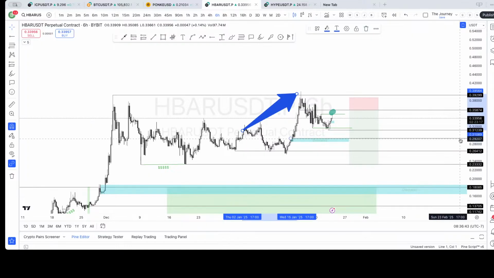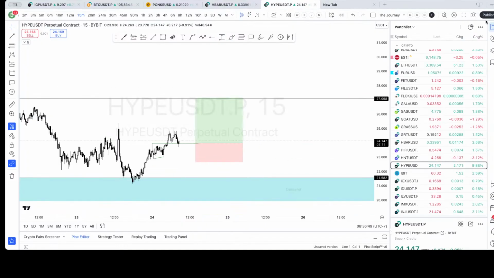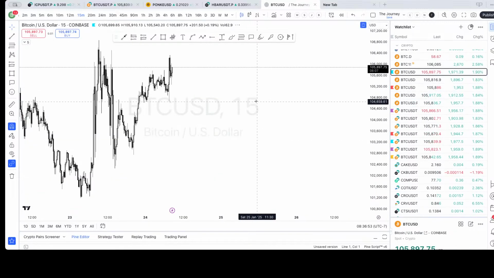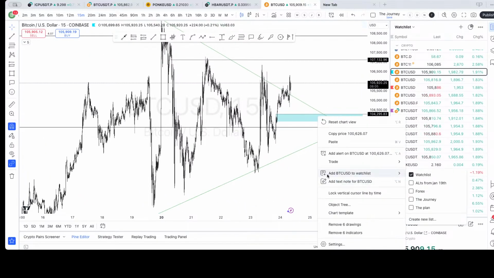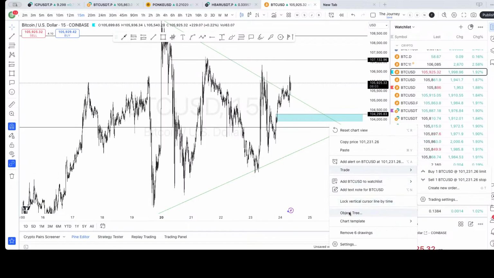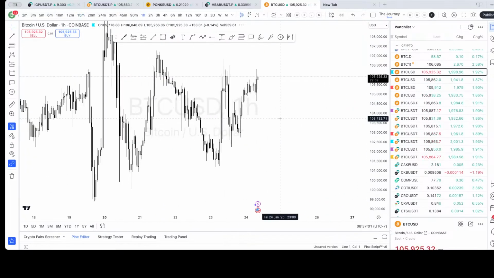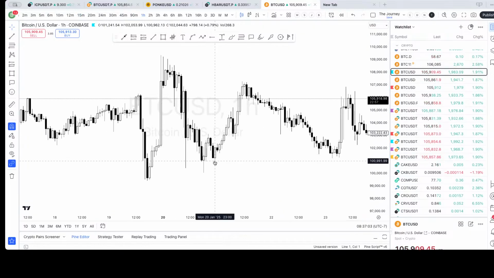Can you draw and show 1 hour market structure on BTC, please? Sure. It'll be my last thing before I'm out of here. We'll just use the Coinbase chart for it. Get all this stuff off of here, and we'll go to the 1 hour, and we'll draw some structure.